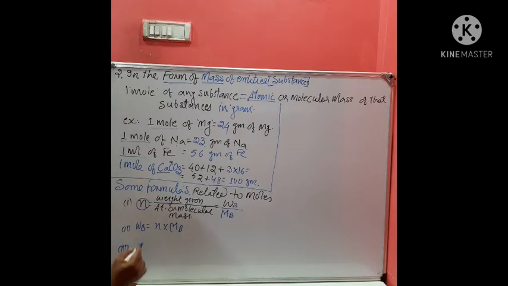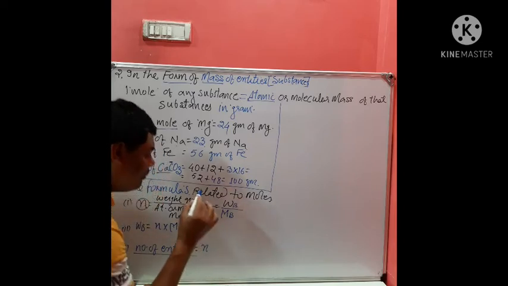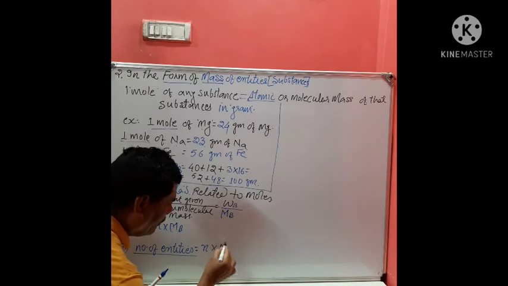And we have one more formula. This is number of entities, that is number of substance, which was our first portion. Number of entities is equal to number of moles multiplied by Avogadro number.